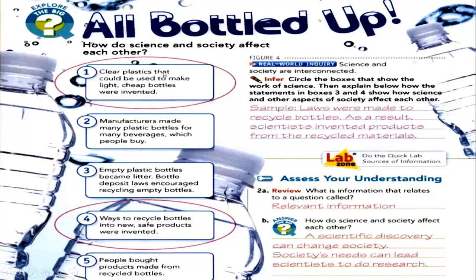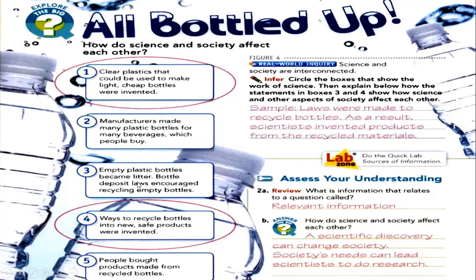Number 1, clear plastic that could be used to make light, cheap bottles was invented. Number 2, manufacturers made many plastic bottles for many beverages which people buy.